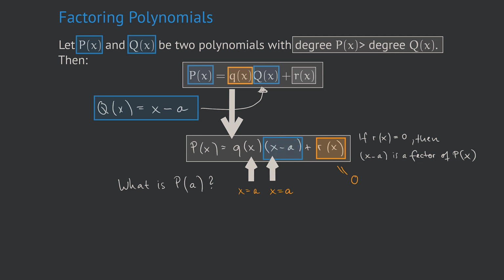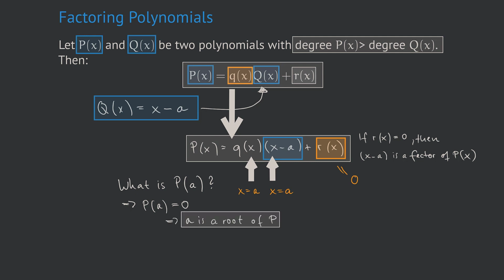So that part of the right-hand side will turn to 0. And as we have also assumed that r of x is 0, the complete expression gets 0. Consequently, we have found that when x minus a is a factor of p of x, that means if r of x is 0, then p of a is 0. And that means that a is a root of the polynomial p.